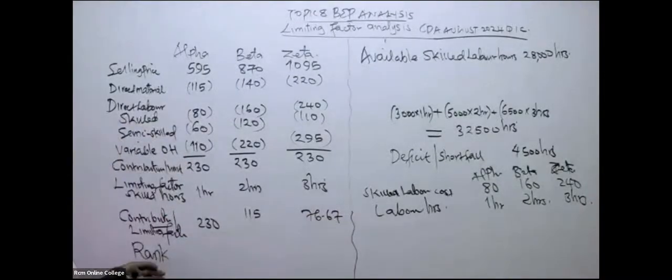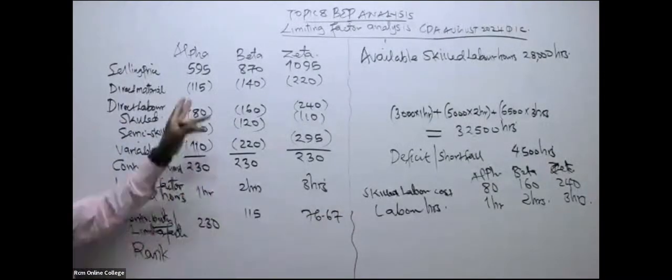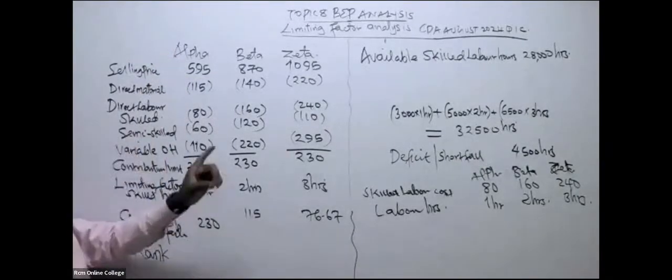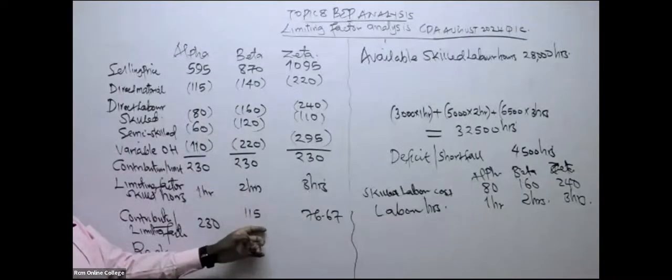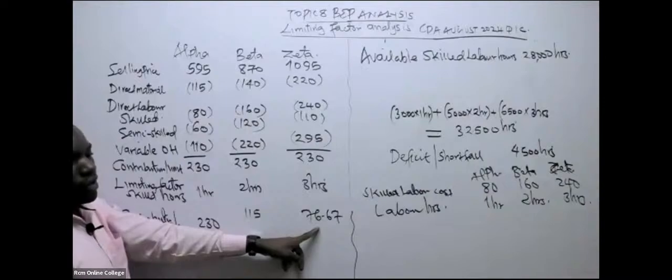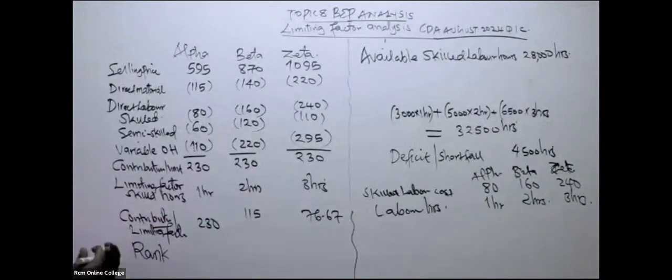Right? So if I use 1 hour to produce alpha, I'll be getting 230 as the benefit. If I use the same hour to produce beta, I'll be getting 115. The same 1 hour to produce zeta, I'll be getting 76.67. So which one is the most profitable out of the 3?